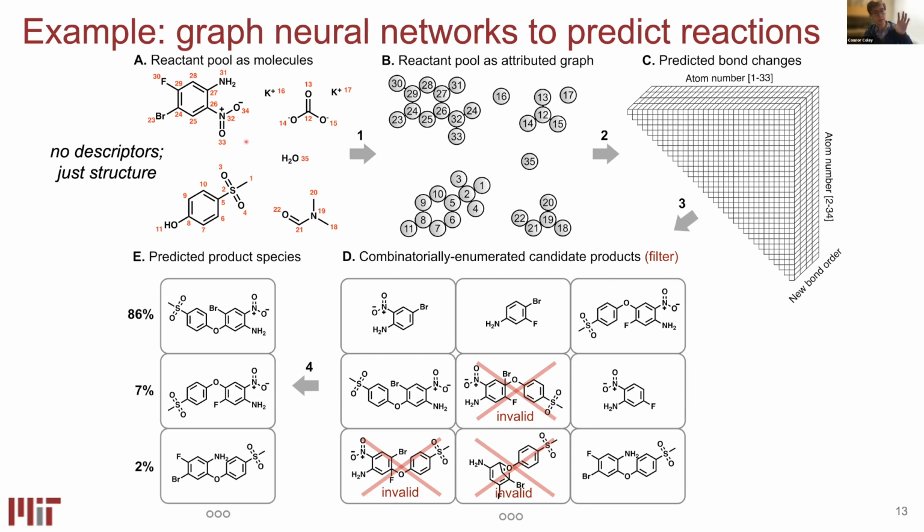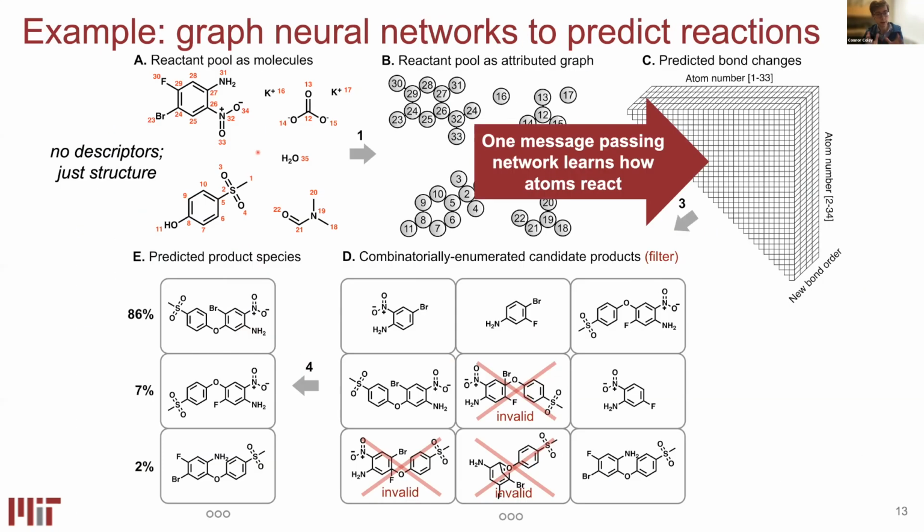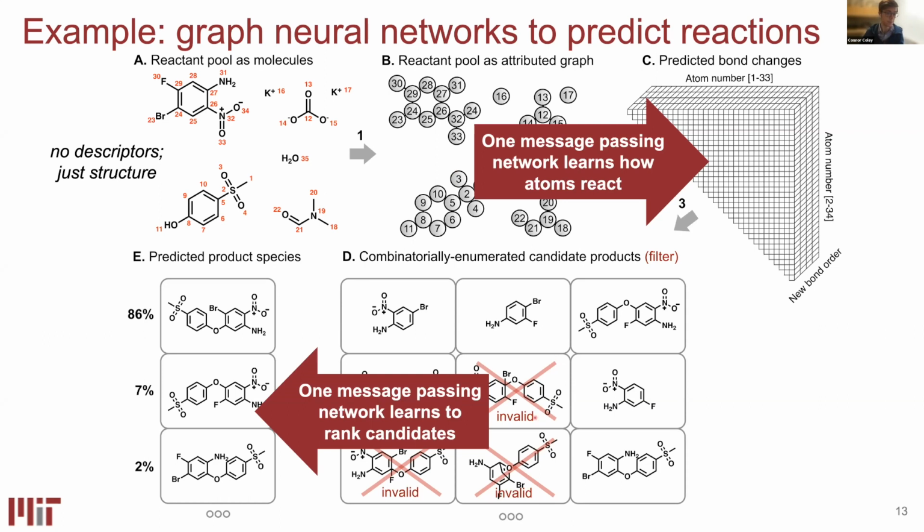So we represent everything that goes into the flask, all the reactants and conditions, as this one big molecular graph with disconnected components. We train a message passing network, a type of graph neural network, to learn which bonds are likely to break and which bonds are likely to form. It can understand the reactivity of different functional groups in this manner. We enumerate possible combinations of those bond breaking and bond forming events. Then we can rank again.